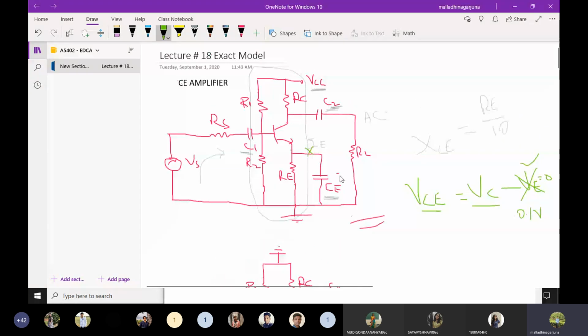Okay, draw the circuit diagram. All of you draw the circuit diagram.